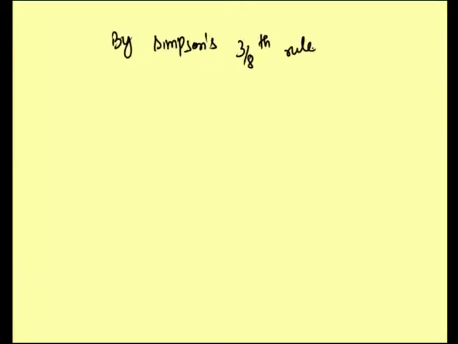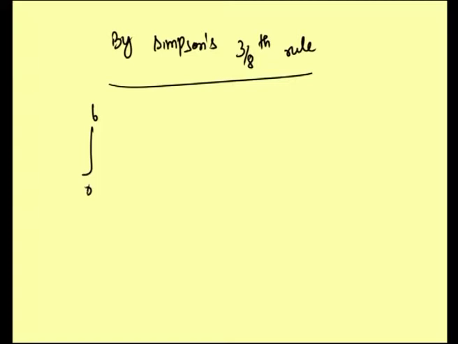Then, for applying Simpson's 3/8 rule, the number of intervals should be a multiple of 3. Here the number of intervals is 6, therefore we can apply Simpson's 3/8 rule, and moreover the number of y values is 7, that is 6 plus 1.